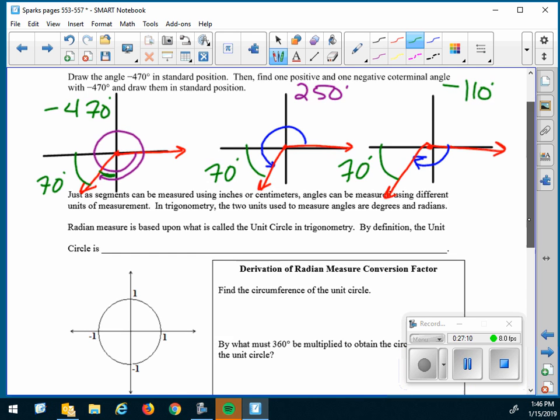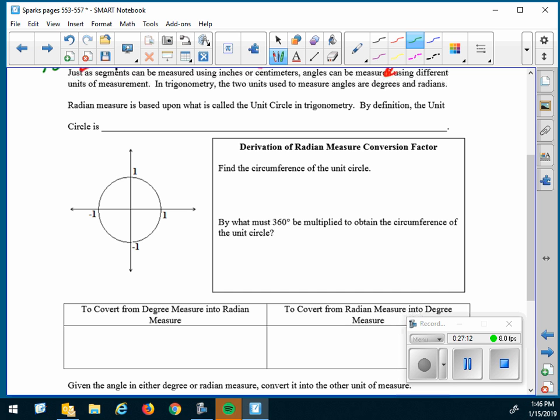All right. Just as segments can be measured using inches and centimeters, angles can be measured using different units of measurement. You have only ever measured an angle using degrees. You can also measure angles using radians. Ladies and gentlemen, welcome to radians.